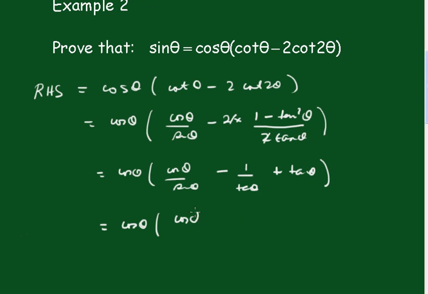Now it's cos theta over sine theta minus, now this is going to be 1 on tan is cot, which is cos theta over sine theta, and this is plus sine theta over cos theta.